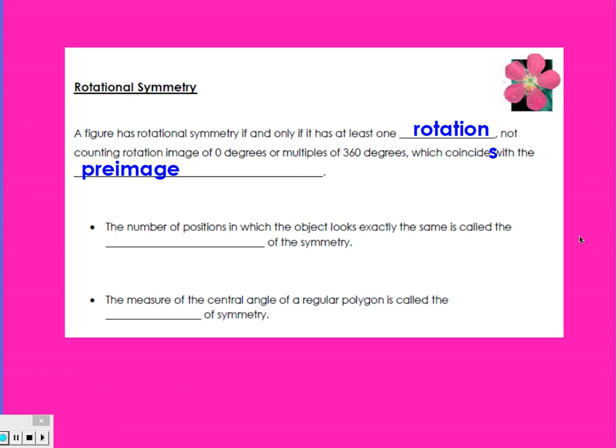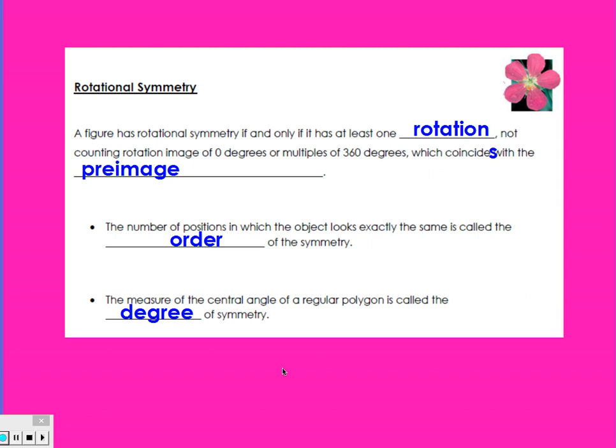The number of positions in which the object looks exactly the same is called the order of symmetry. And the measure of the central angle of a regular polygon is called the degree of symmetry.